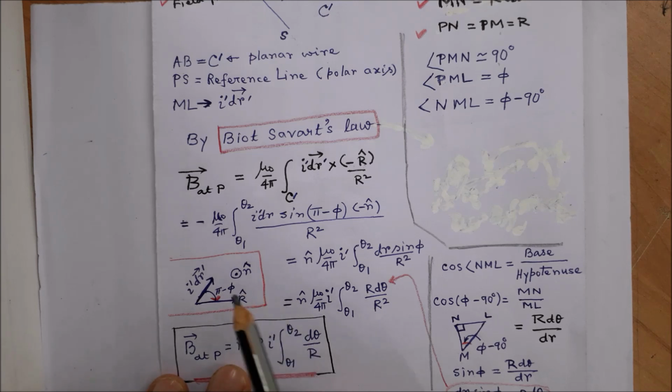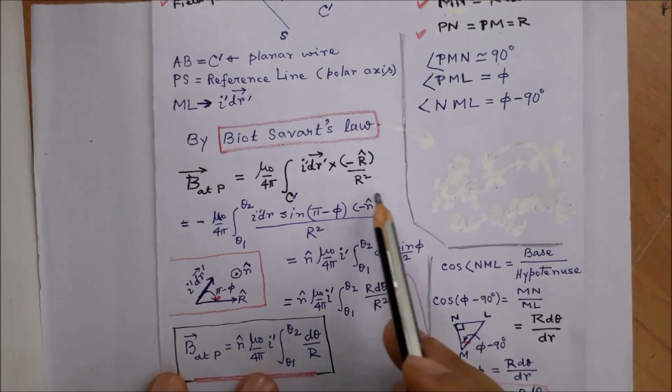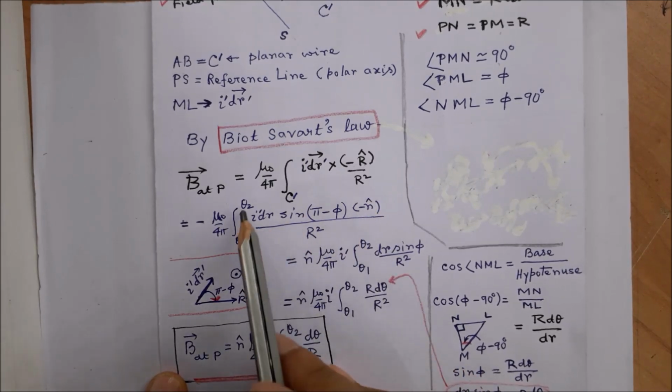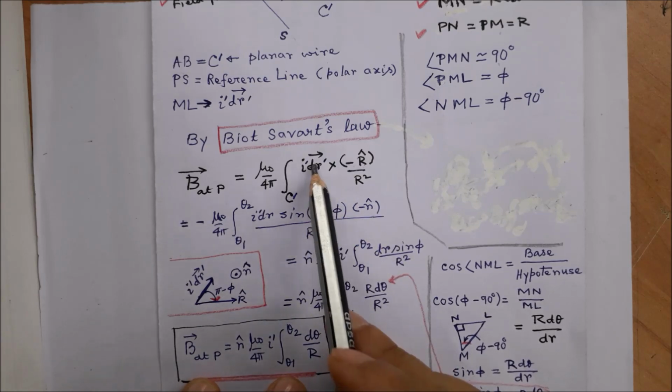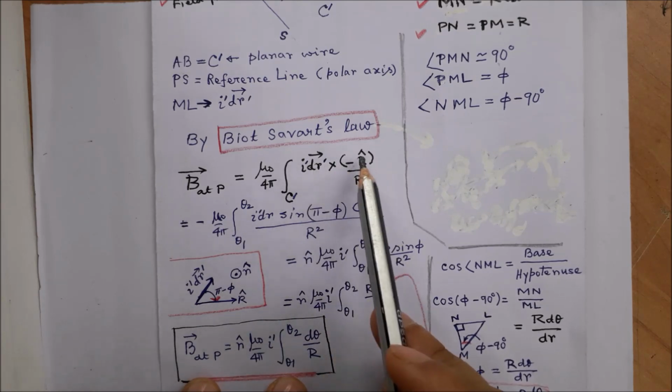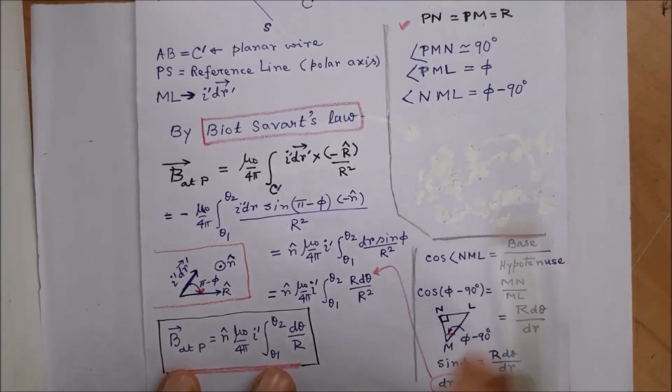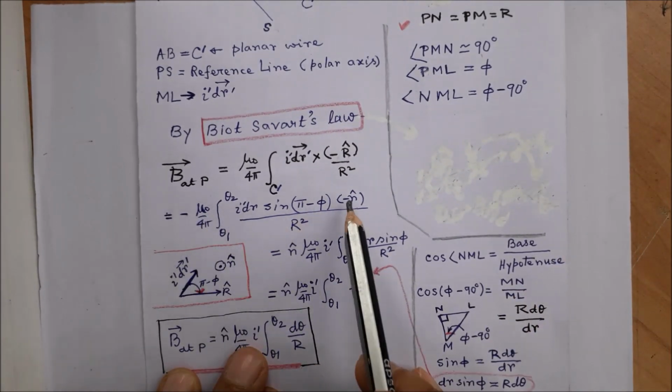If n cap is the unit vector pointing towards the reader, then after taking the cross product between these two vectors the resultant direction will be minus n cap, and that is what we have written over there. This is the result of the cross product between these two factors, and therefore a simple rearrangement, namely minus minus is plus.